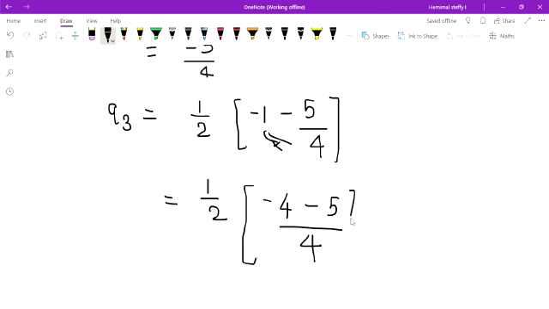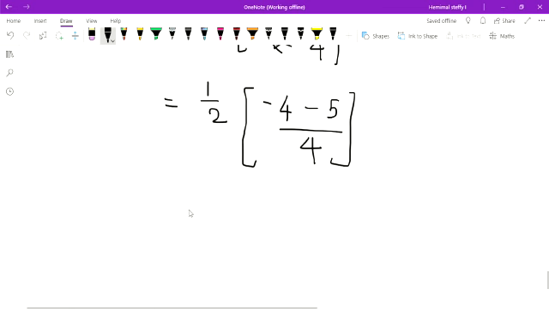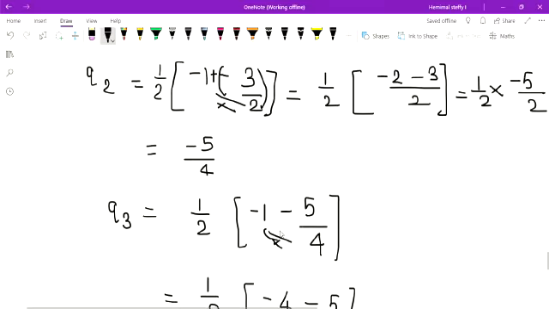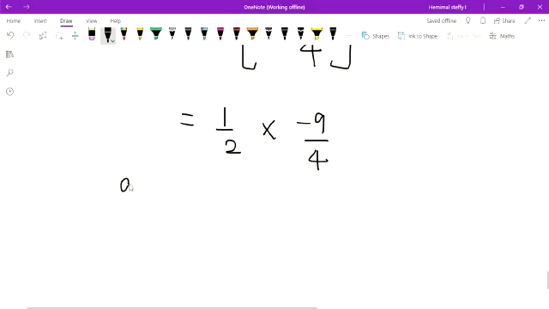It gives 1 by 2 into -9 by 4. So Q3 is equal to -9 by 8.